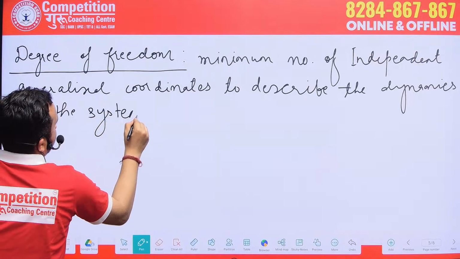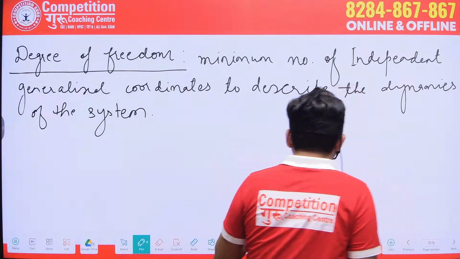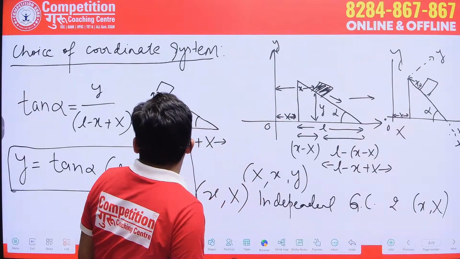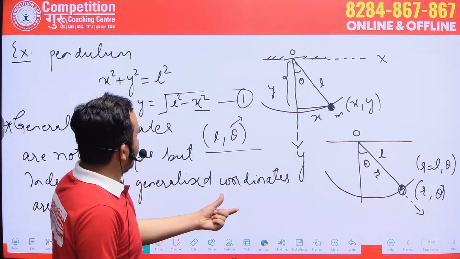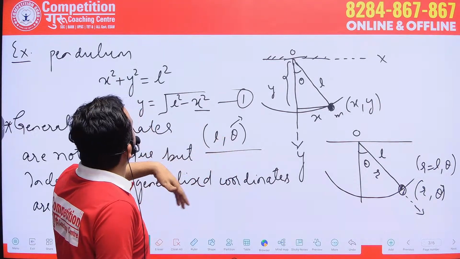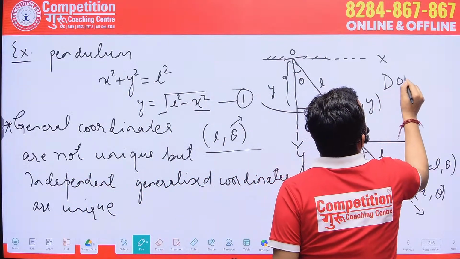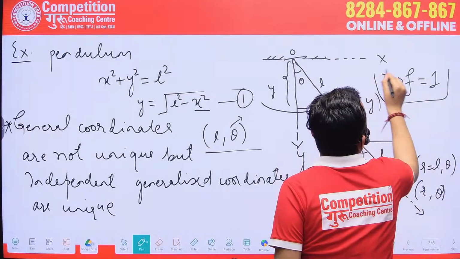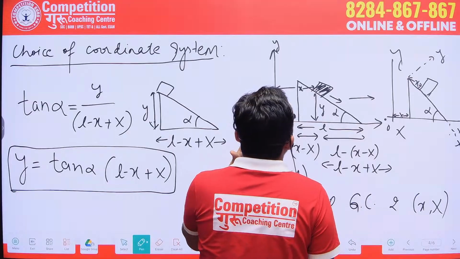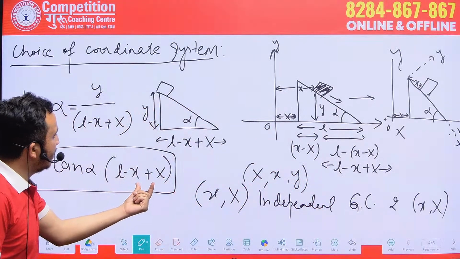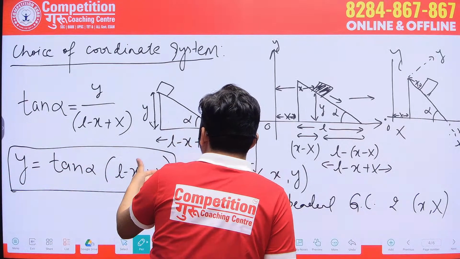Okay, so from this definition we can find out the degree of freedom of the previous examples which we have taken. For example, in case of a pendulum, there is one independent coordinate, that is theta, or in Cartesian coordinates, that is x. So the degree of freedom here is 1. In this other example there are two independent coordinates which we can specify for the dynamics of the motion.